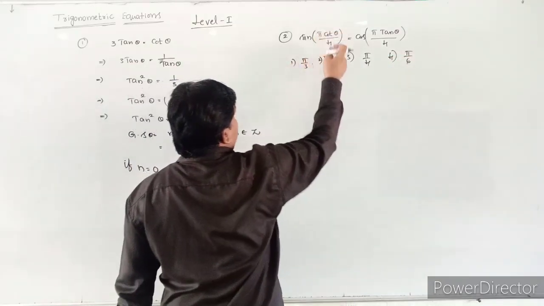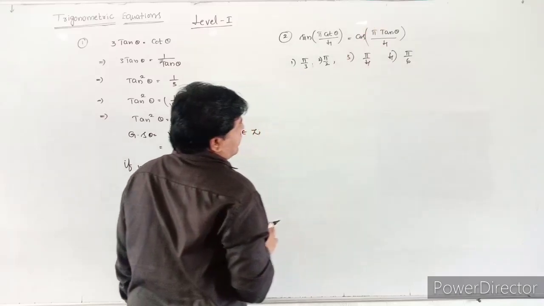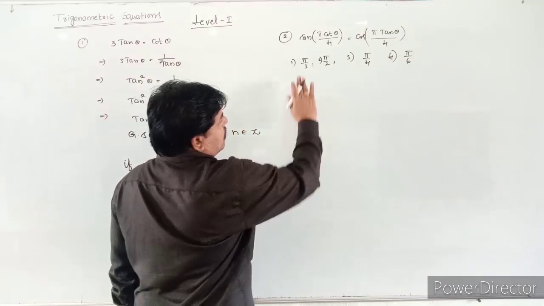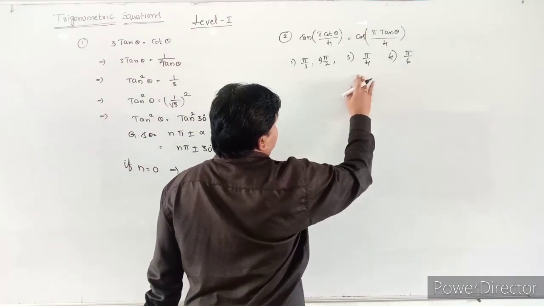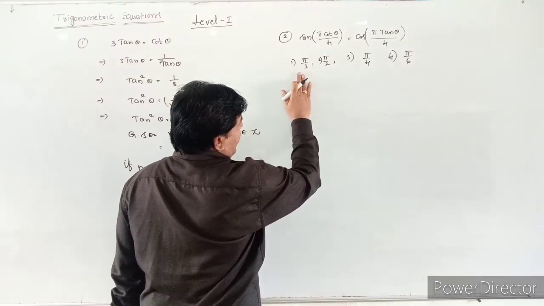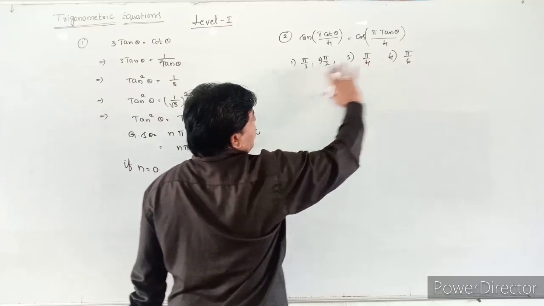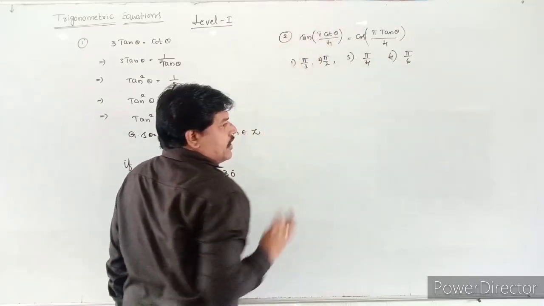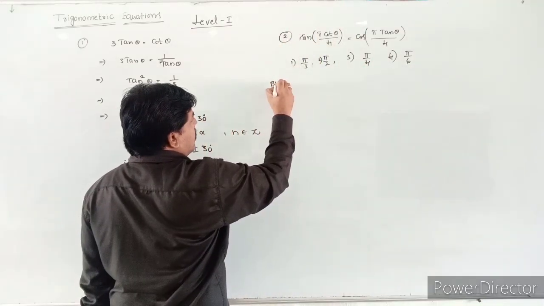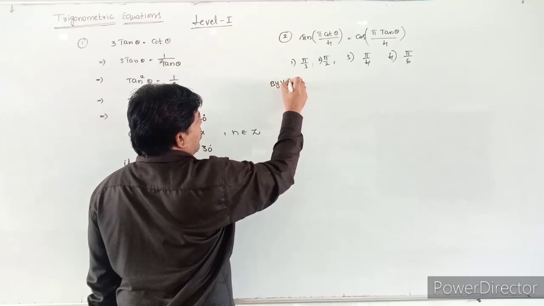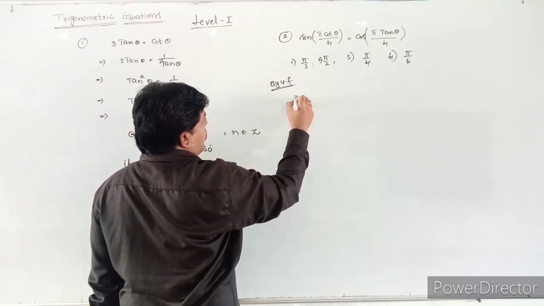So sine of pi cot theta by 4 is equal to cos of pi tan theta by 4. We will verify the options. We can verify the options by substituting the theta value here. By verification, I am taking option 3.